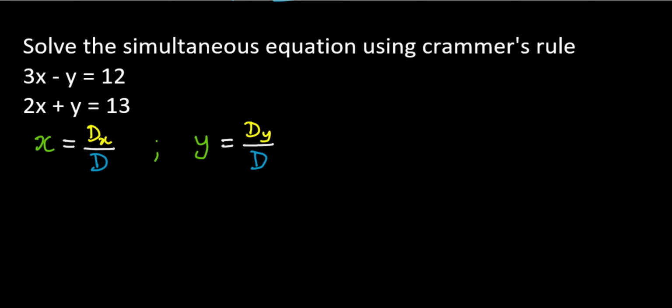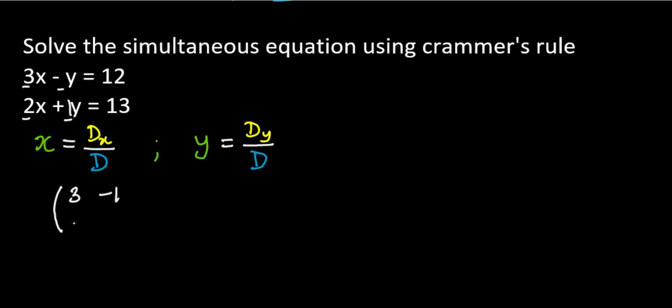So we will have to write the two equations in augmented form. How do we write it in augmented form? The coefficients of x and y for the first equation are 3 and minus 1, and for the second equation they are 2 and 1.